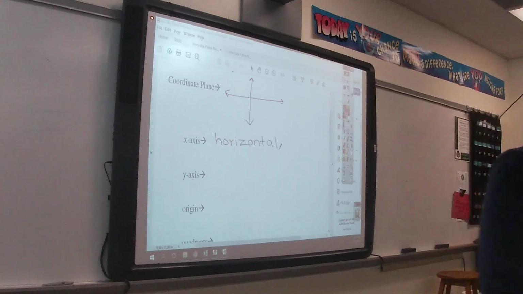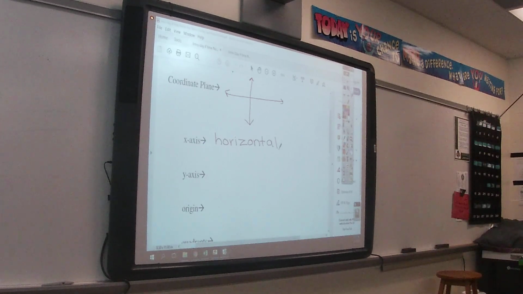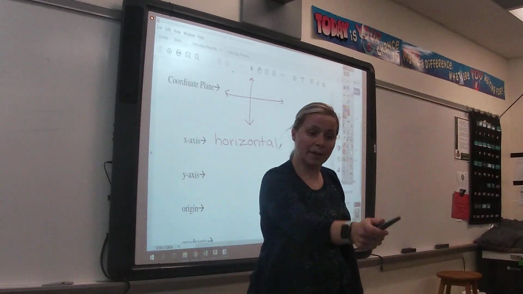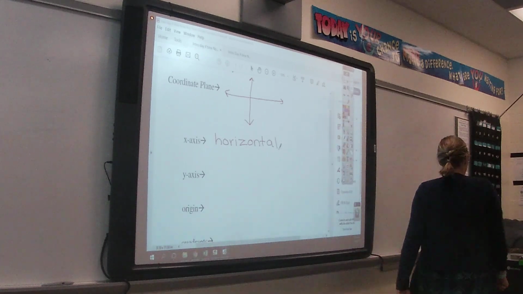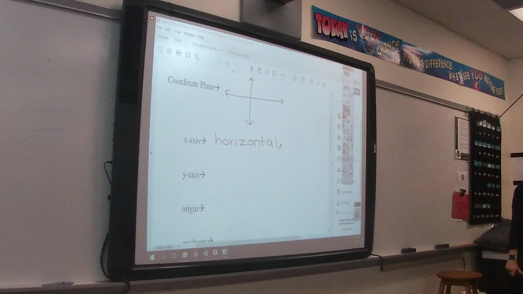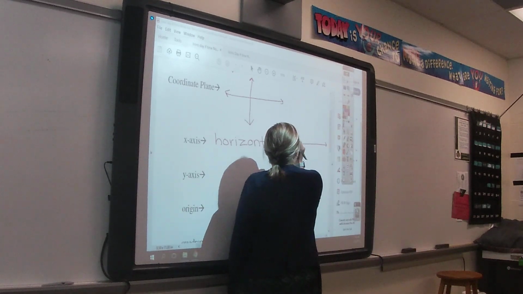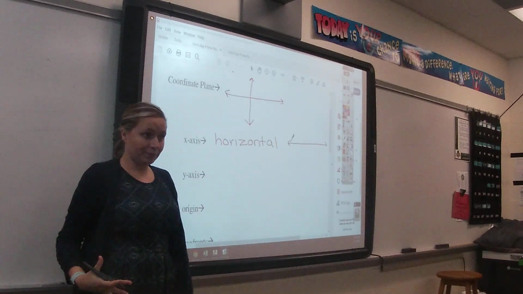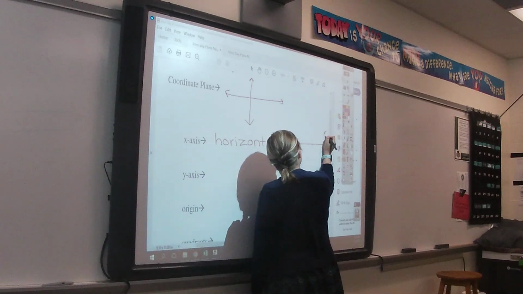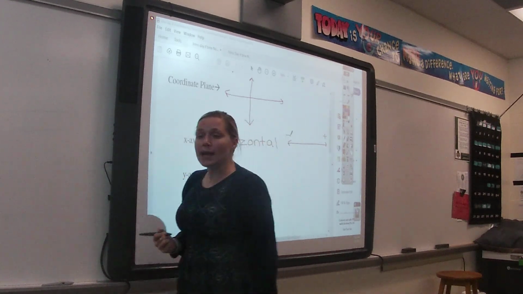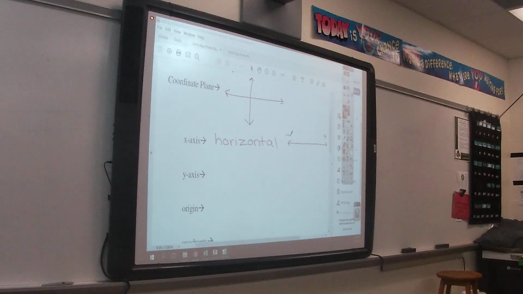It's that line we see with the light in the land. Okay, so horizontal is this way. It is exactly the number line that we have been graphing on, where we have positive numbers to the right and negative numbers to the left.